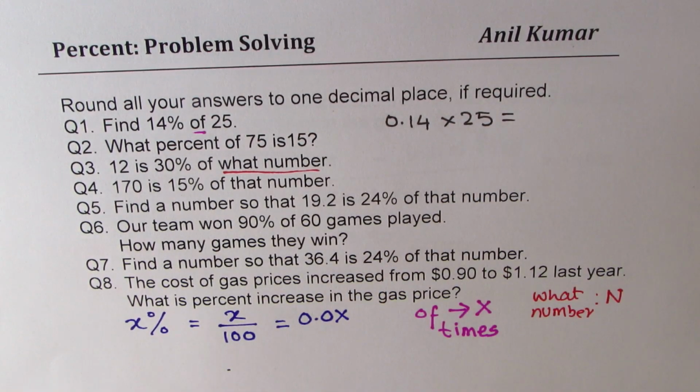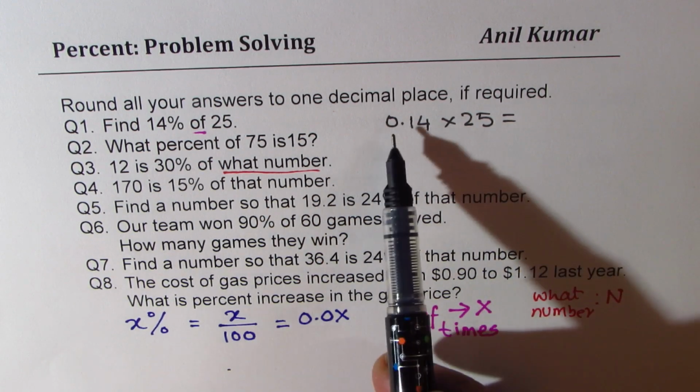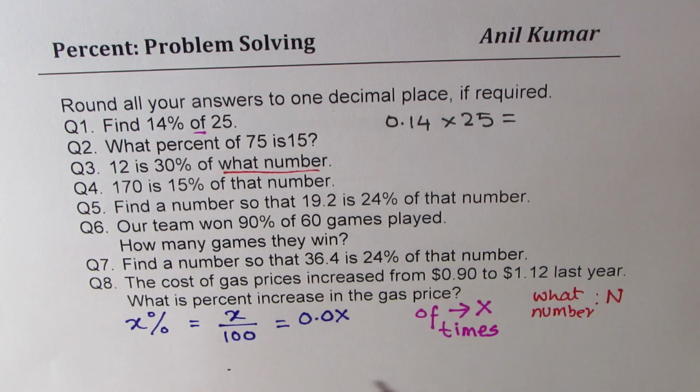Do you see that? To get the same answer, right? Because 14 divided by 100 is 0.14. Of translates to times, and what number? Put n. Solve the equation.